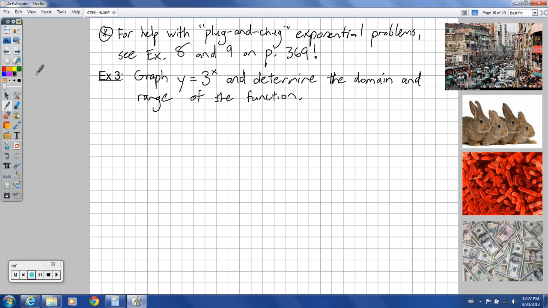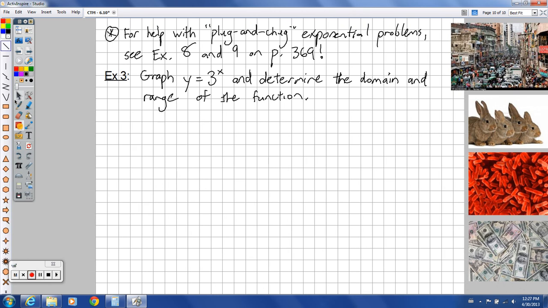So let's graph it first, and with exponential equations, with this one at least, we're not going to go very far negatively with y values, so I'm going to do something like that there. I'm just going to go 2 down that direction. Let's draw our arrows at the end of each part there.